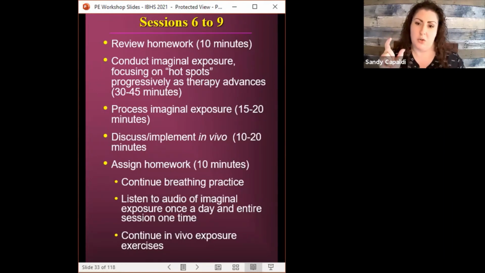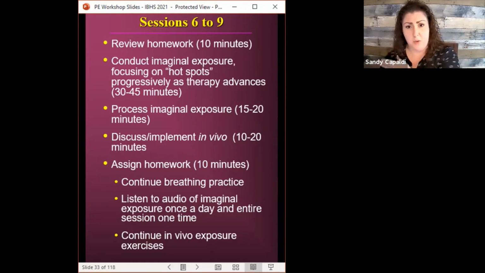So they're just going to choose a section of the memory to work on in imaginal exposure. But as you can see, the structure is still the same: homework, imaginal exposure, processing, and then kind of setting up homework for the next session.